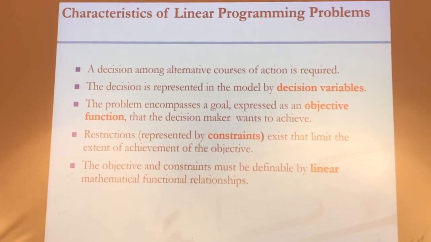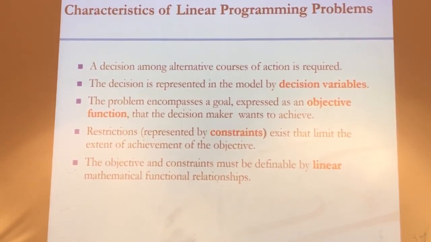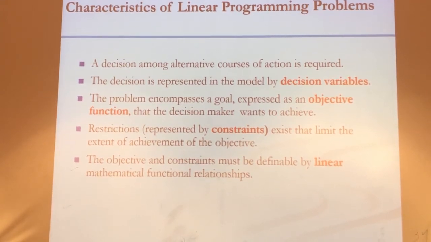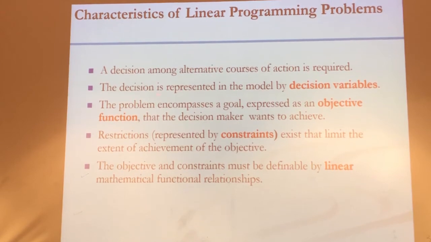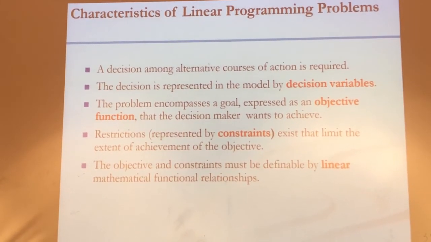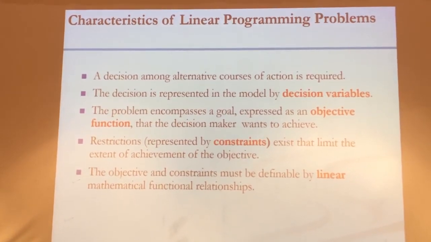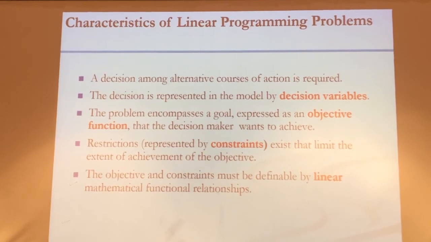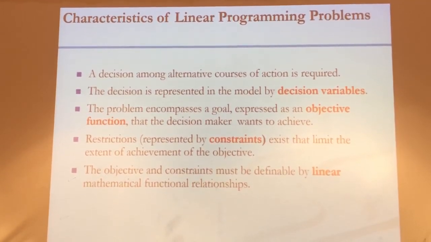The characteristics of linear programming problems are a decision among alternative courses of action. There will be alternative courses of action. This is one of the characteristics of linear programming. Another is the decision is represented in the model by decision variables, and there will be an objective function and constraints, and both objective function and constraints would be linear.